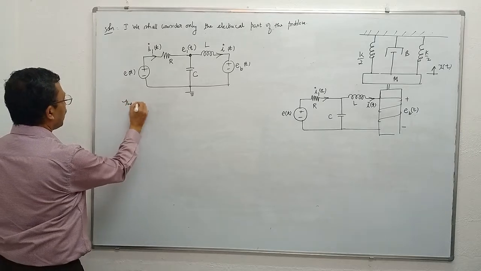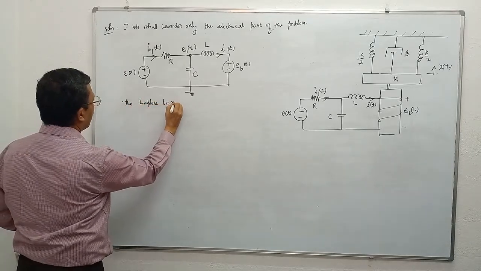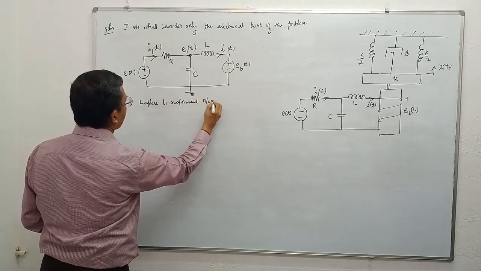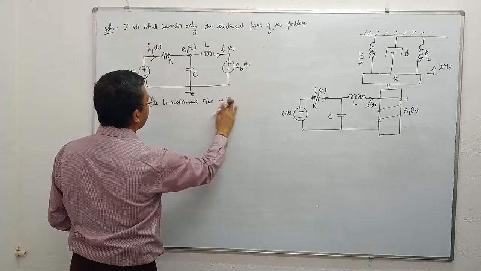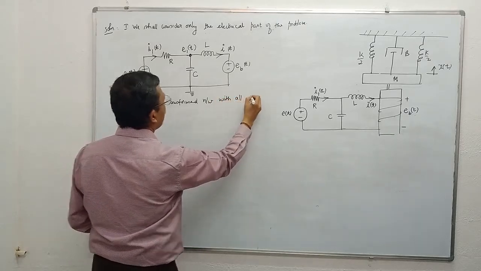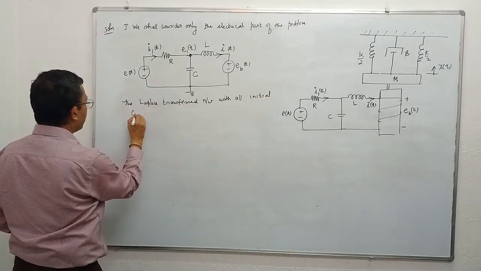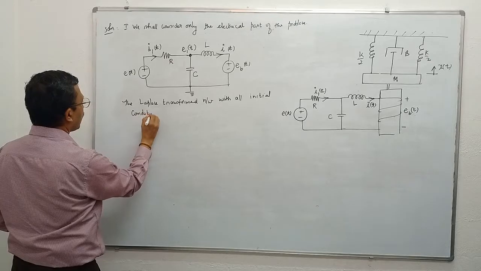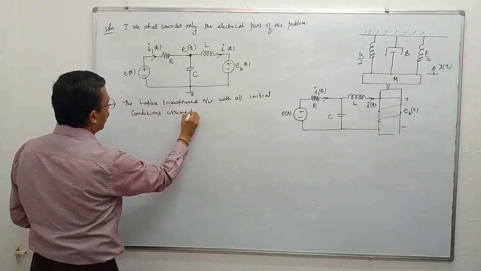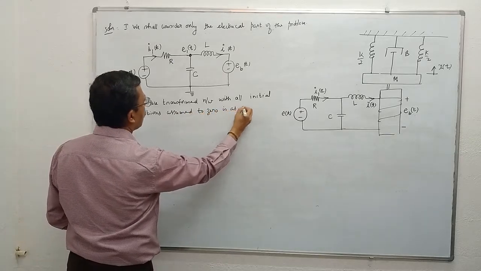The Laplace transformed network with all initial conditions assumed to be zero is as shown below.